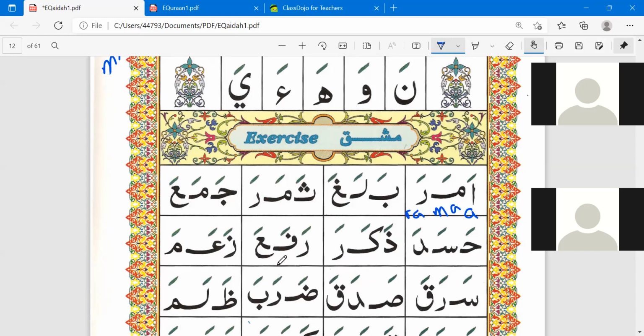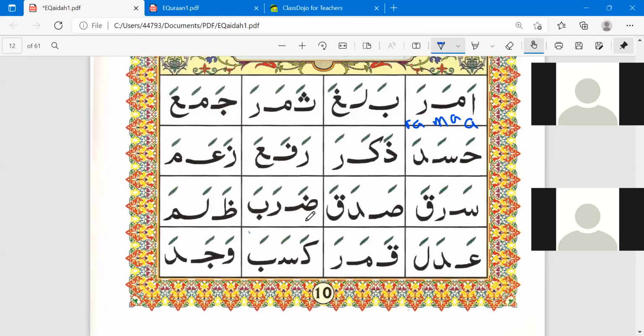This is now we're learning blending. Blending, you spell and blend. Ba, la, ga. Ba, ro, ba. Ka, sa, ba. O, ma, ro. Wa, ja, da.